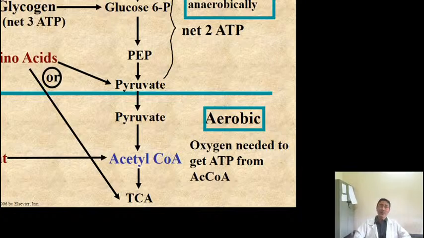Now among these three substrates which generate ATP, it is only the carbohydrates which can generate ATP anaerobically. That means that without the utilization of oxygen, or in the absence of oxygen, the carbohydrates can generate ATP. Whereas amino acids and fats can also generate ATP, but they require the presence of oxygen.